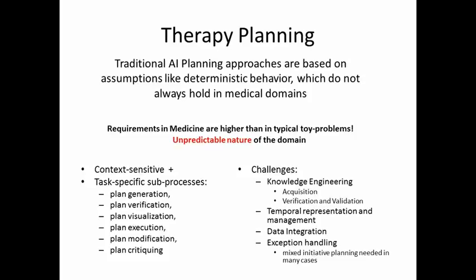Of course, we need to provide a visualization of the plan, to execute the plan, to modify the plan, and finally plan critiquing, which is to analyze whether the plan being executed is correct, so whether it has any problem regarding the original knowledge.